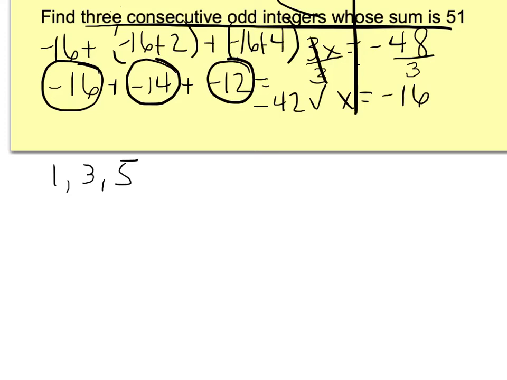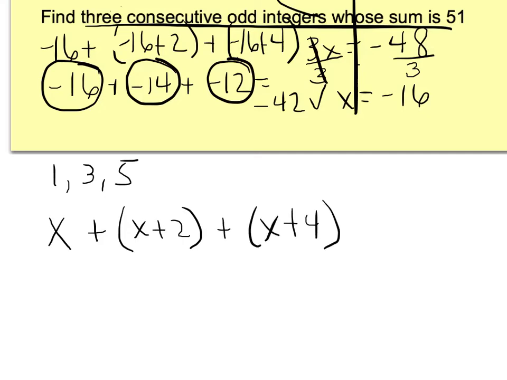So if I start off with the first one being x, the next one would have to be 2 larger, x plus 2, and the last one would have to be 4 larger. Okay, so where I'm getting that from is 3 is 2 larger than 1, and 5 is 4 larger than 1. Okay, so this is now going to be equal to 51.